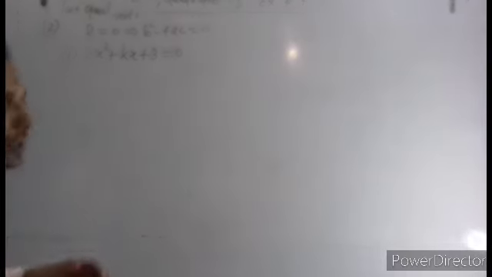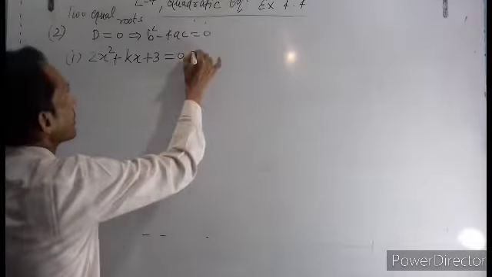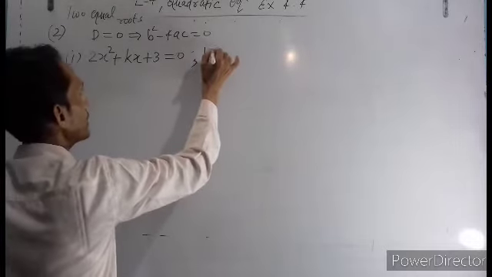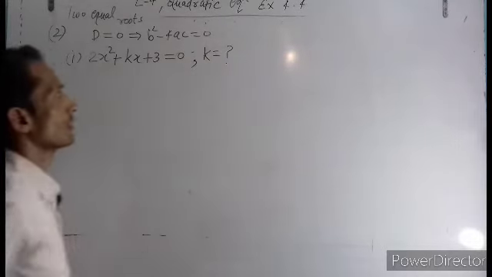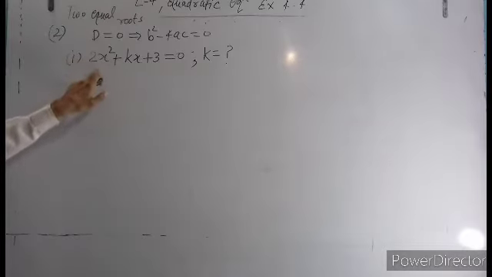What we have to find out? k equal to question mark. So with the help of this condition we have to find the value of this k from this quadratic equation.